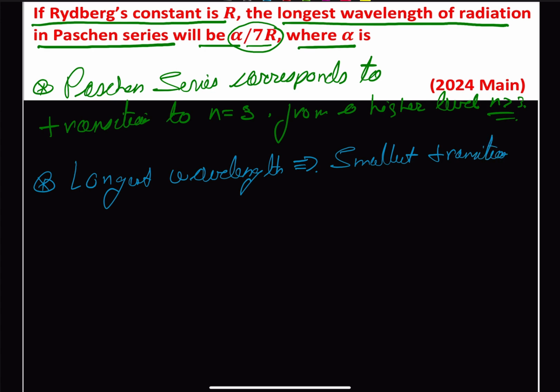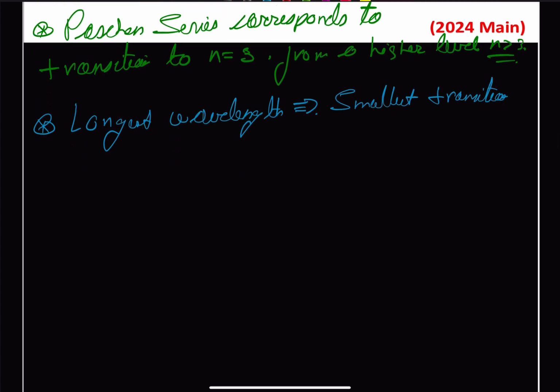And the smallest transition will be from n equal to 4 to n equal to 3. So this will be giving us a wavelength, let us suppose that wavelength is lambda max.